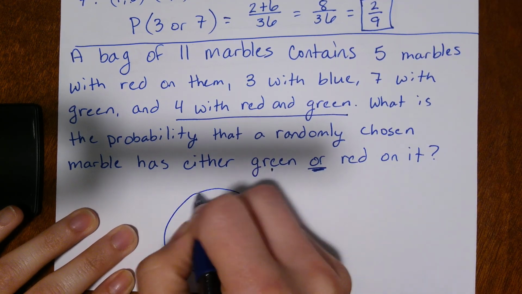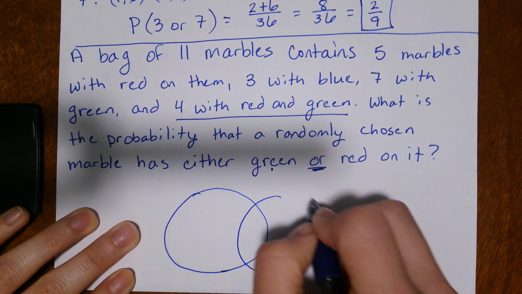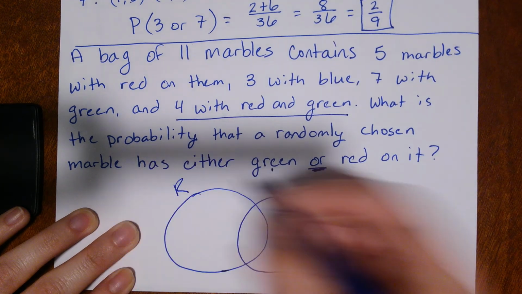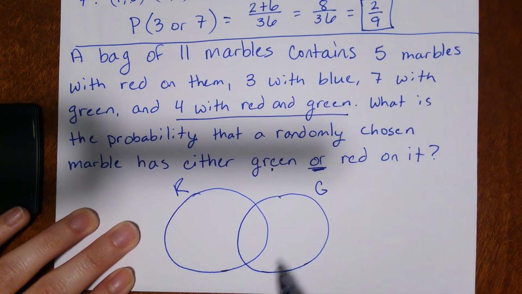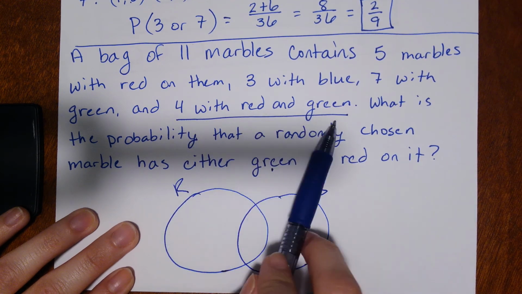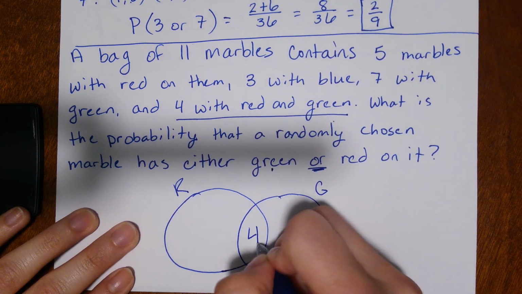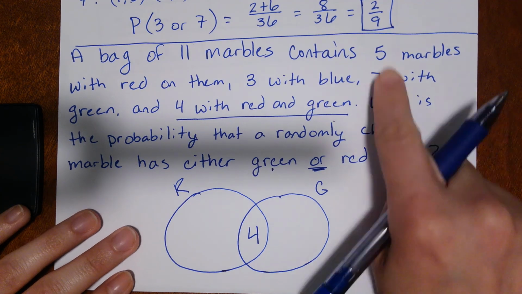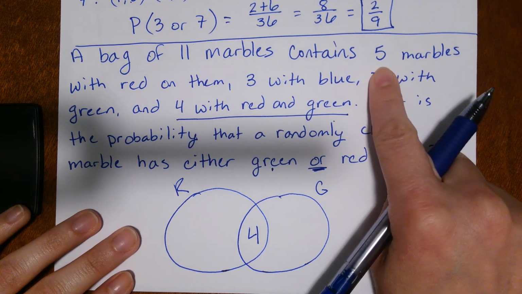There are definitely different ways you could do this, but I'm going to let these be my red marbles, these be my green marbles. We know that there's 4 with both red and green on it, so 4 is going to go in that intersection. There's a total of 5 marbles that have red on them.